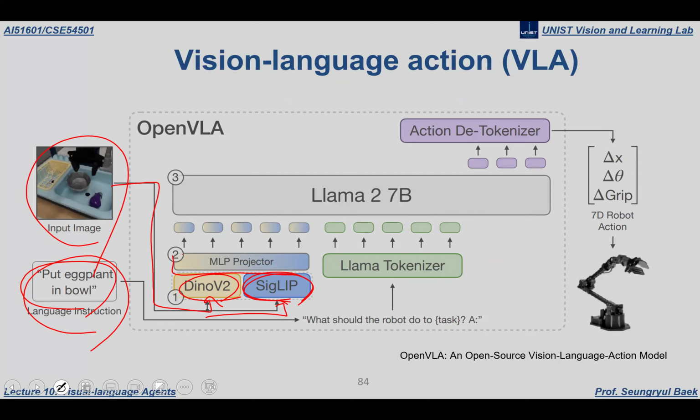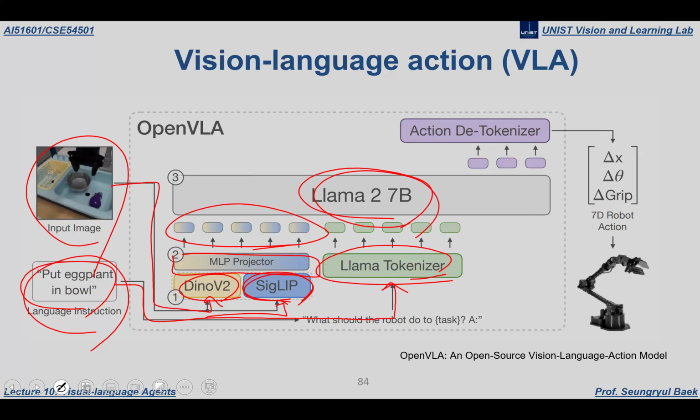And then use this projector to map it to the vision queries. These instructions are also mapped to text queries, and using the LLMs, they are producing some robotic control policies. These are parameters that can control the actual robots. Okay, that is the initial VLA.